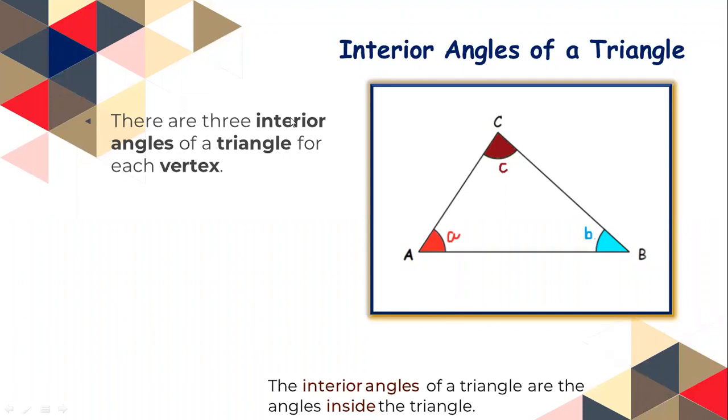There are 3 interior angles of a triangle, one for each vertex. Vertex A has angle A, vertex B has angle B, and vertex C has angle C. So how many interior angles does a triangle have? Three angles. I have named them angle A, angle C, and angle B.